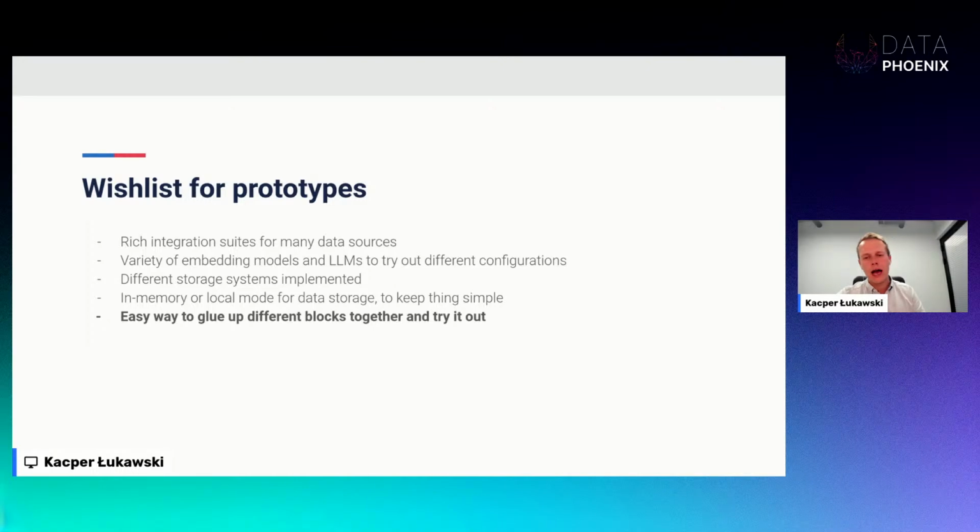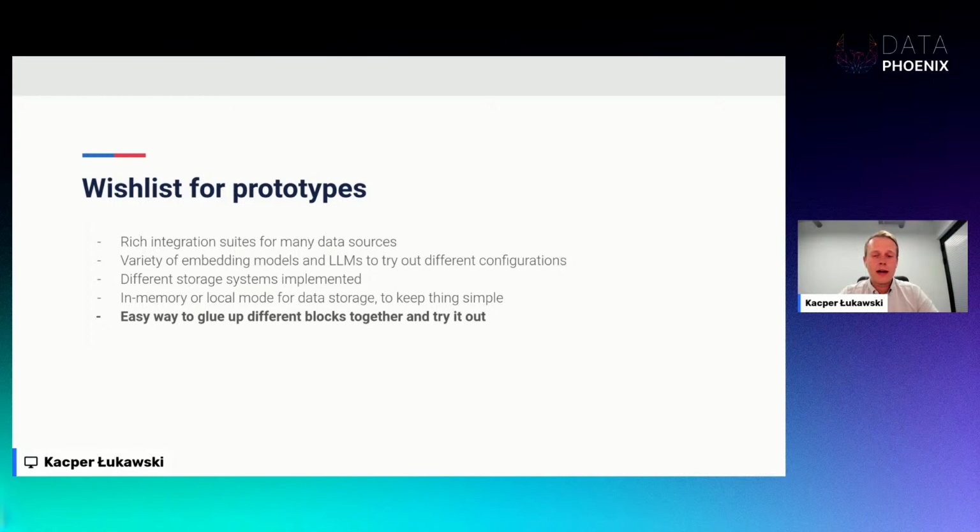And you may also want to have different storage, different vector stores available. If you just experiment on your local machine, you may want to have an in-memory vector store or a local mode for your vector store, just to not send your data to the cloud, just not to pay for the service itself. It's way easier to just remove a single directory on your laptop than to set up and spin up a new system somewhere else, or even pay for some cloud services.